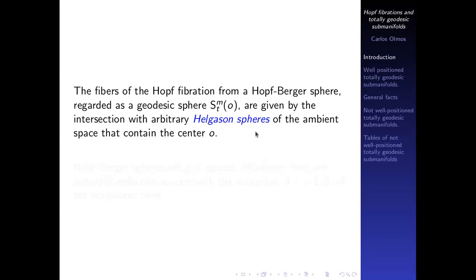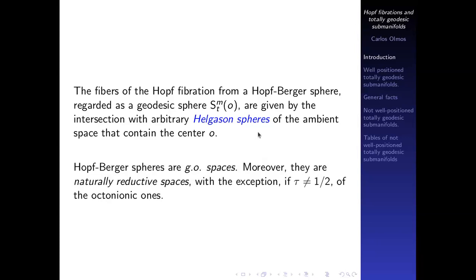In that way we can regard the fiber as the intersection of a Helgason sphere with the geodesic sphere. Hopf-Berger spheres are geodesic orbit spaces, where any geodesic is given by the orbit of a one-parameter Lie group.